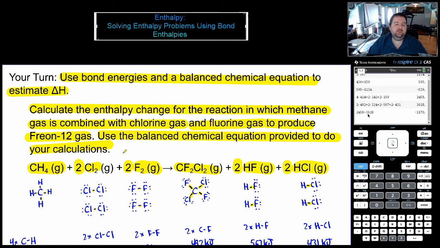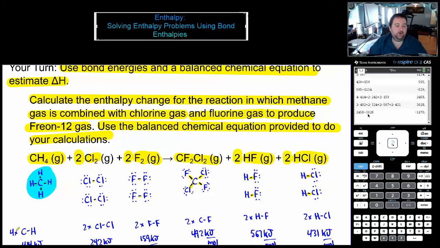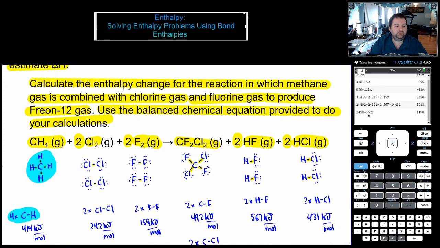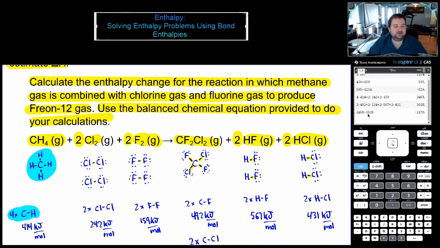So the first thing that I would recommend doing, which hopefully you did, is to draw out your molecules. So here is my methane, which has 4 CH bonds. And so I wrote here 4 CH bonds. And I also wrote down each CH bond is 414 kilojoules per mole. Then I have 2 chlorine gases.